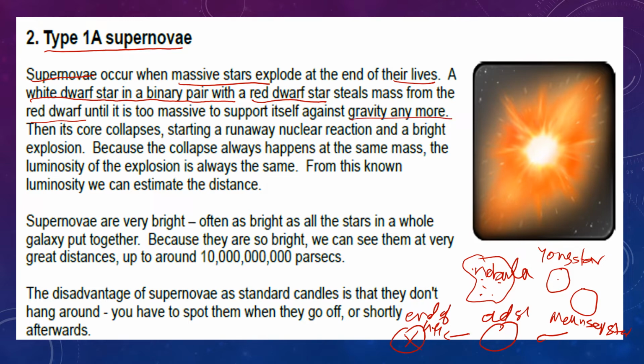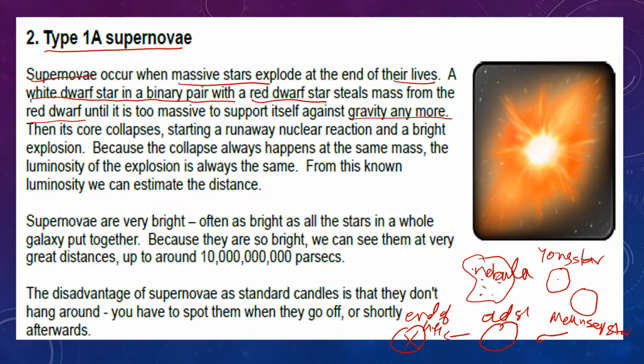So when the star is at the end of its life cycle, inside the star two more stars are created that are known as the binary pair. One is the white dwarf star and the other is the red dwarf star. The white dwarf attracts the red dwarf towards itself, because the white dwarf is massive, and then it collapses under its own gravity.